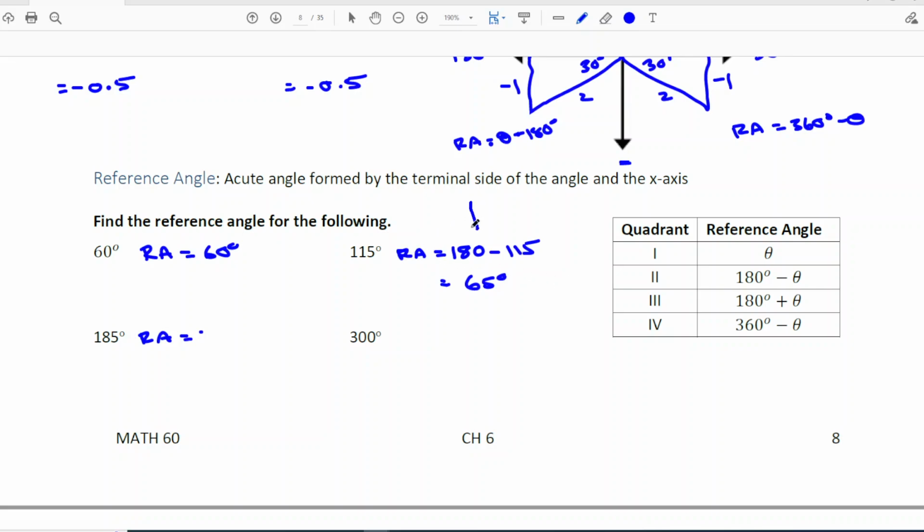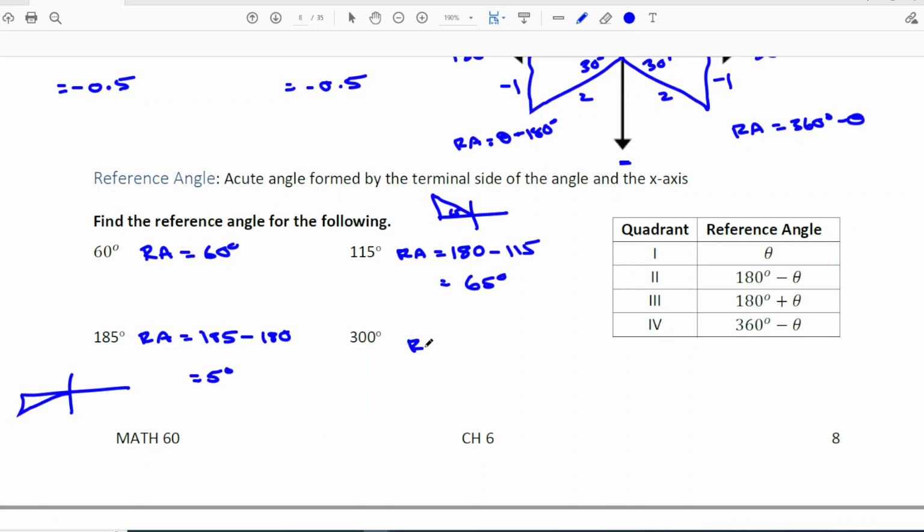So this angle would be 65 less than 180 in quadrant 2. This one, to find it, you would do 185 minus 180, which gives you 5 degrees, which means that this angle is 5 degrees more than 180 in quadrant 3.